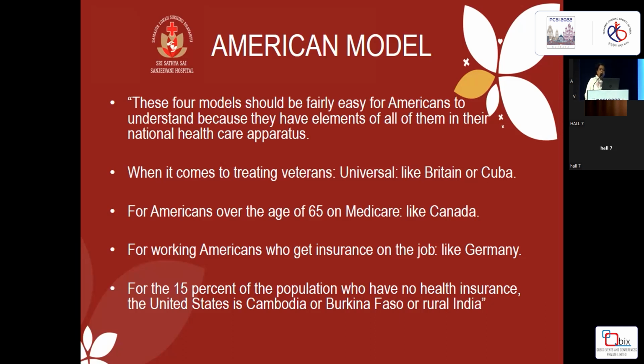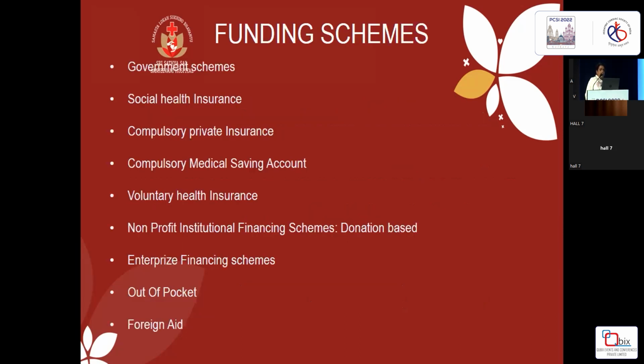For working Americans who have insurance on the job, it behaves like Germany. And for those 15% who have none of the above, it behaves like Cambodia, rural India, or Burkina Faso. So India also has more or less similar, except that the percentages are a bit different, and I'll show you the graphs to show that. So these are the basic models on which healthcare is funded.